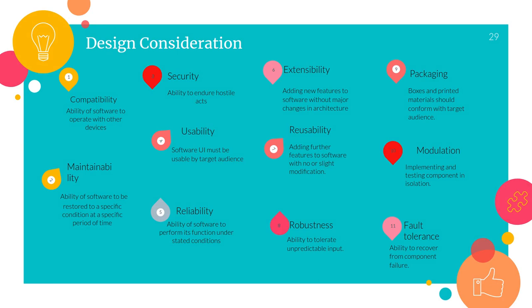Okay. So we come to design considerations. With design considerations, there are a lot of things you have to consider when designing software, like compatibility. So you have to consider that the system will be compatible with devices, and mostly it's dependent on what you are working on.